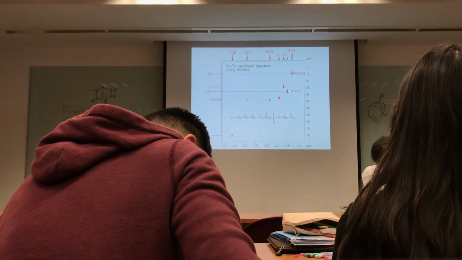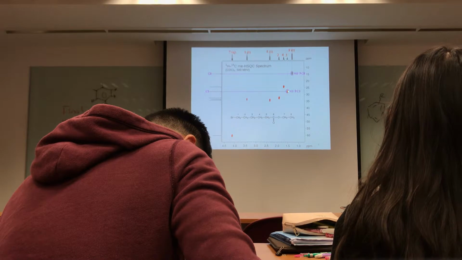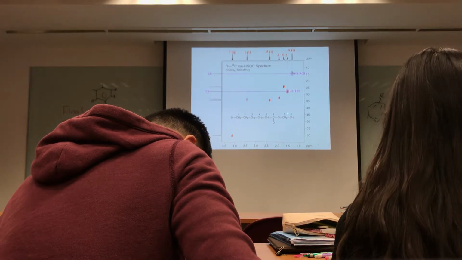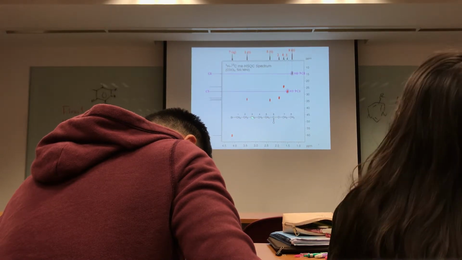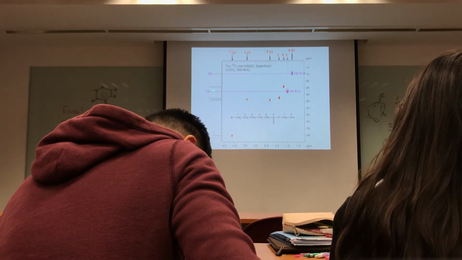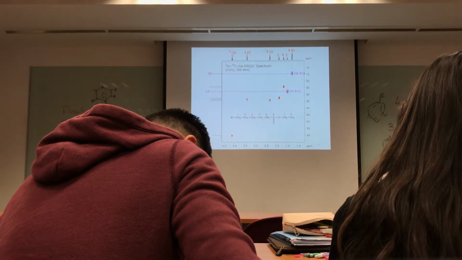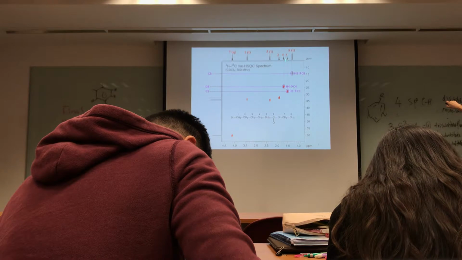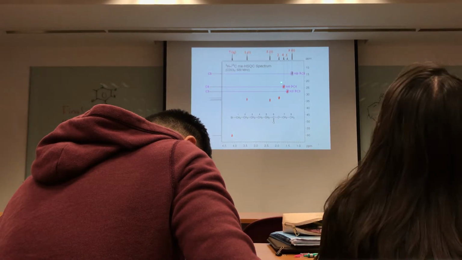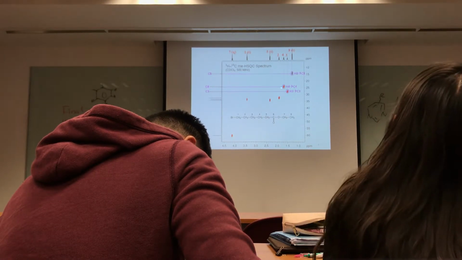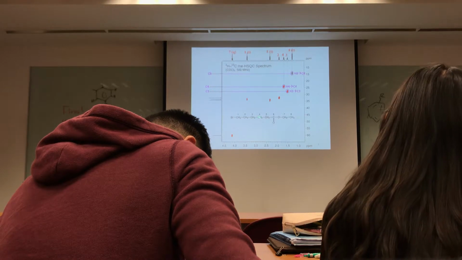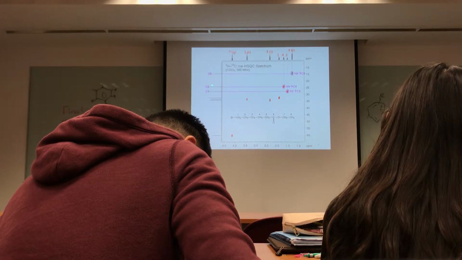They show correlation here. From this cross peak, you can find carbon 3 is this signal. Now proton 4 is here. There is a cross peak here. You will find carbon 4 is this signal.